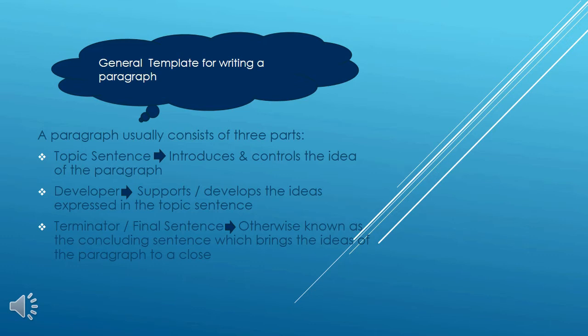So, it is in a way based on the topic sentence. It also reflects or regenerates the ideas expressed in the topic sentence, because the topic sentence is finally confirmed by the terminator. So, these are all in the general template portion. You have to keep these 3 points in mind while applying your paragraph on this general template.